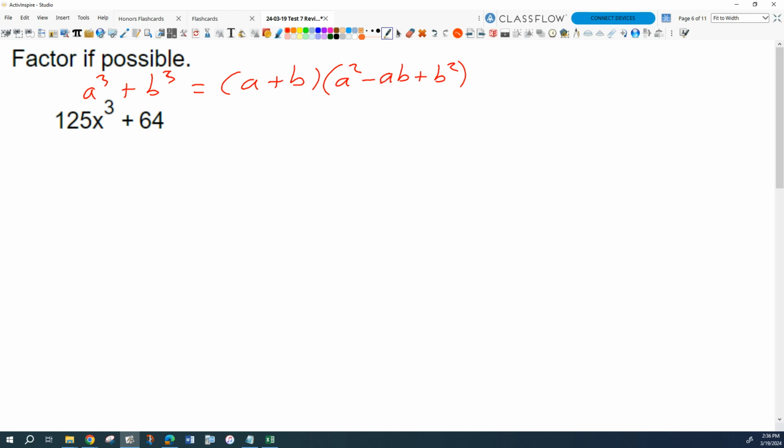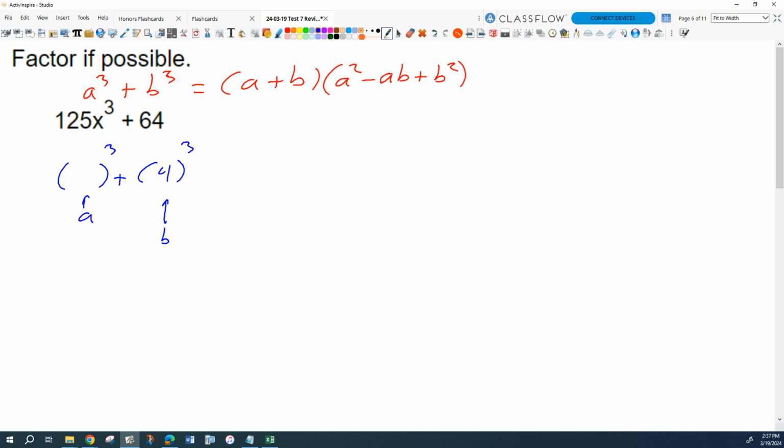Once we know the pattern, we just have to see if I could write this as something cubed, and whatever that is, that would be my A, plus something cubed, and that would be my B. Now you guys can use the list over here, perfect cubes. 64 would be what cubed? 4. So my B is going to be replaced by 4 if this works.